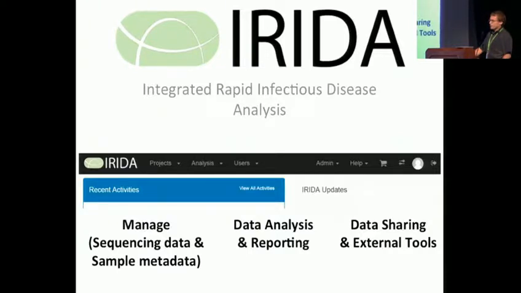And we also want to be able to analyze that data and generate reports. But we also wanted to have the capability of sharing these sequence data, for example, between different instances of IRIDA across different labs, or being able to link up to external tools for more in-depth data analysis that's not really able to be provided by some of the built-in tools.